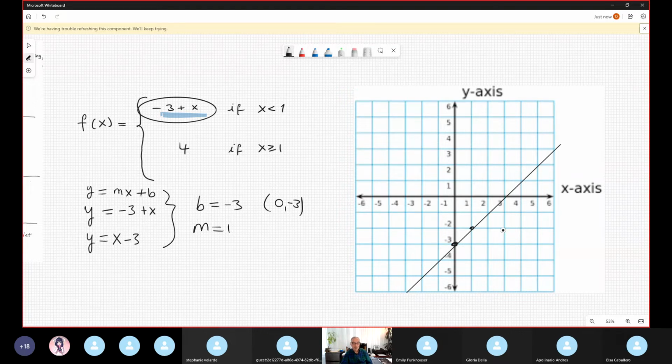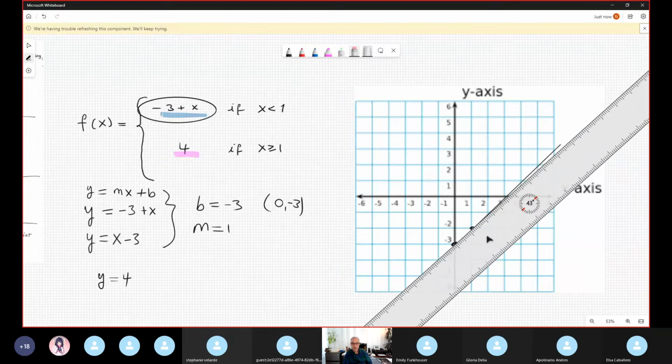The second piece is this one, which is a constant function. So you copy y equal 4. A constant function, I know very well, is a horizontal line. Horizontal line passing through 4.